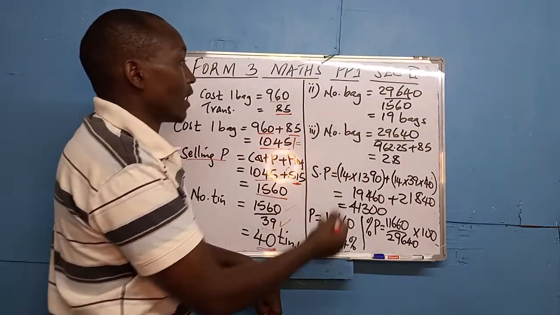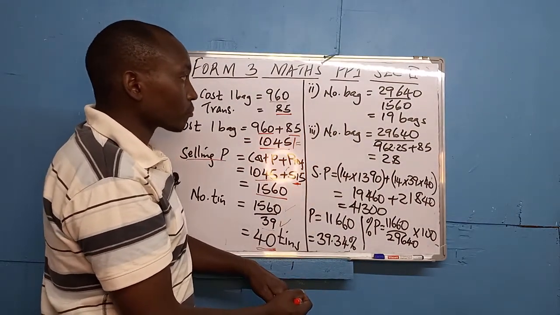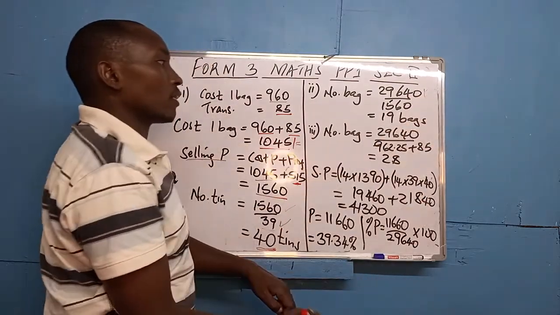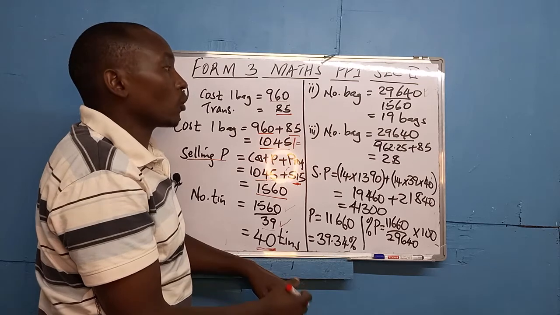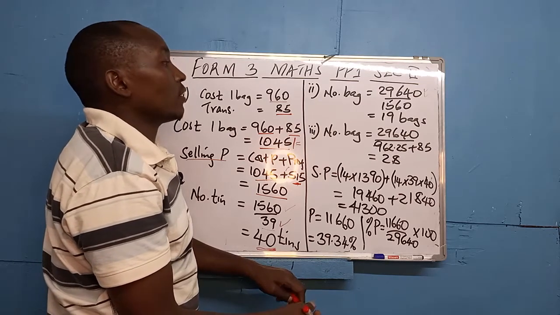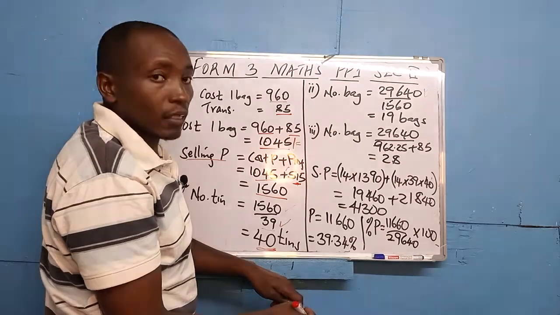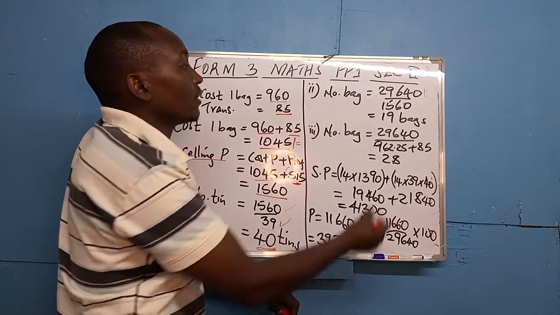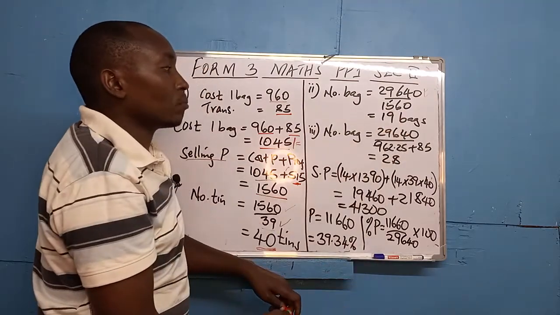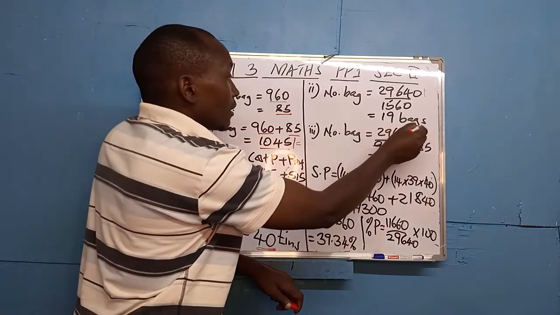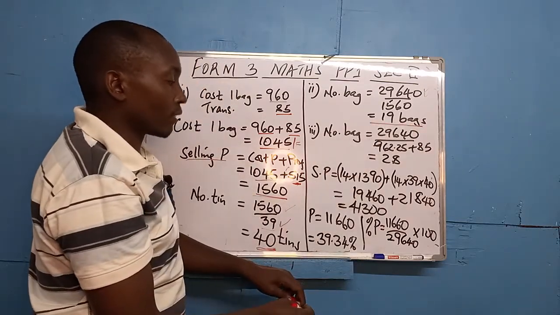Now, you go ahead and do part B. You're given that the total sales the salesperson made was 29,640. If you want to calculate how many bags this person sold, you divide by the selling price of one bag. And then you get that this person sold 19 bags.